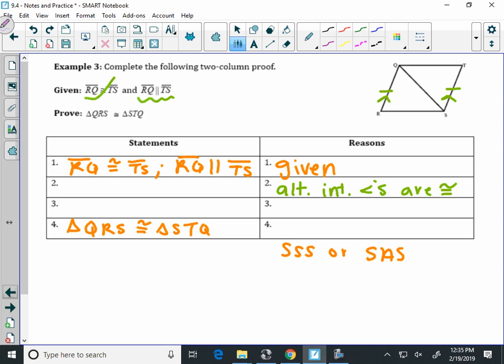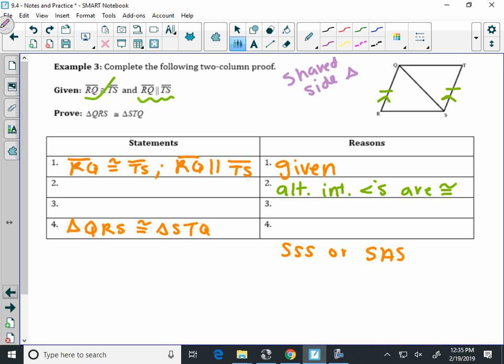Another freebie is we took care of our given information. Then look and see what type of triangles these are. We've already kind of talked about them, we call them shared side triangles, because they share that middle side, it's going right down the middle.